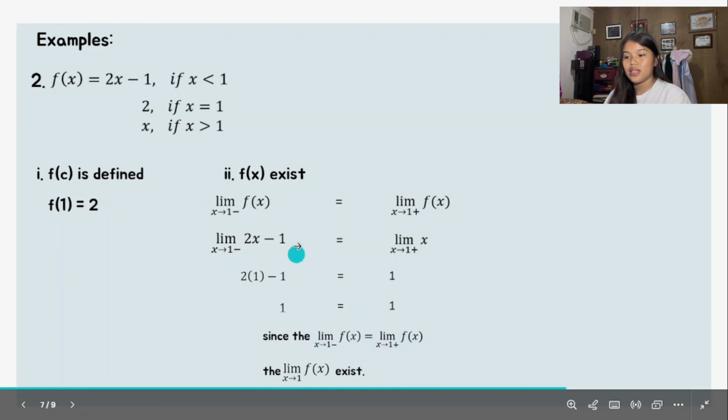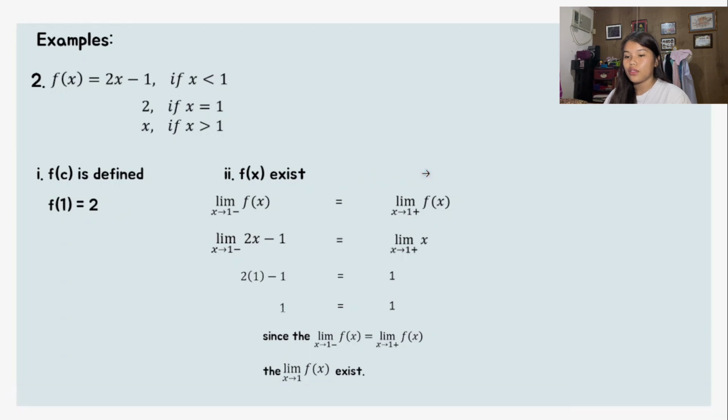So since the limit exists, we can proceed to condition number 3, which is limit f of x as x approaches 1 is equal to f of c. Just input the result of the existing limit, which is 1, and the defined f of c, which is 2, which means 1 is not equal to 2.